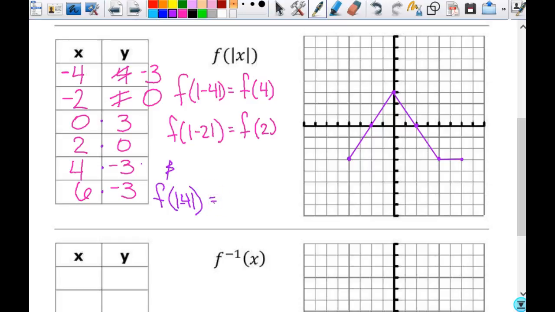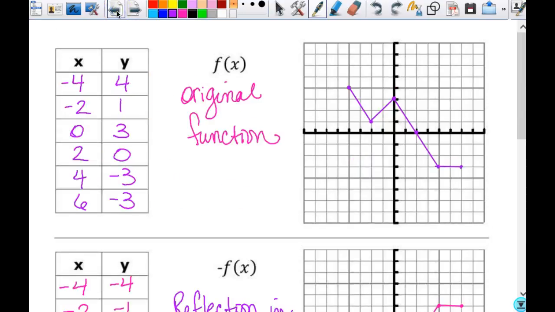So the f of -4 is actually the f of 4 because I'm taking the absolute value. And so when I look at my original function, when x is 4, y is -3. Okay? So instead of me getting the 4 out of it, because I had to take the absolute value before I evaluated it, it gives me this value here, not this value here.